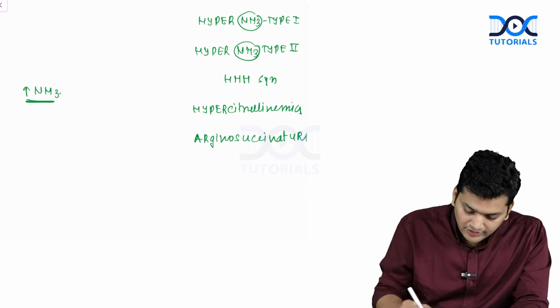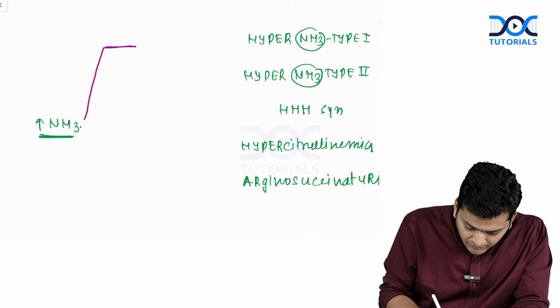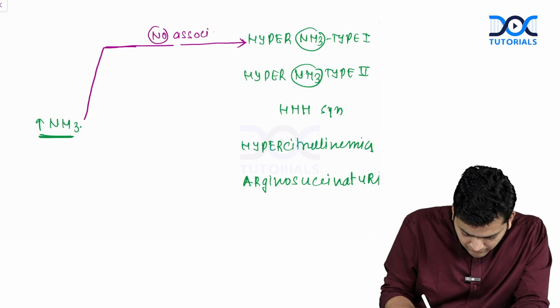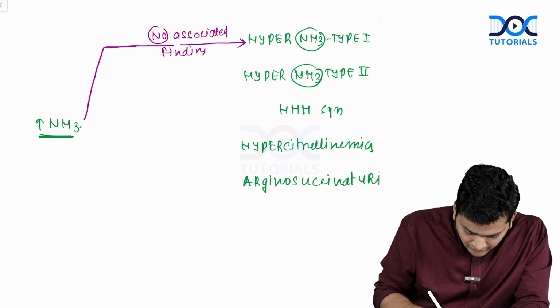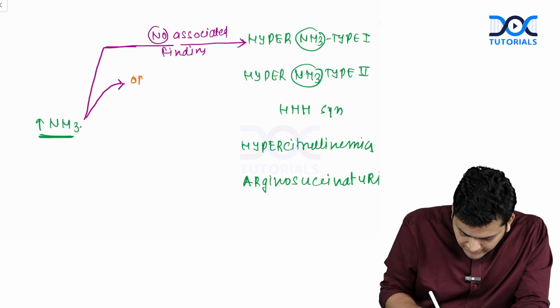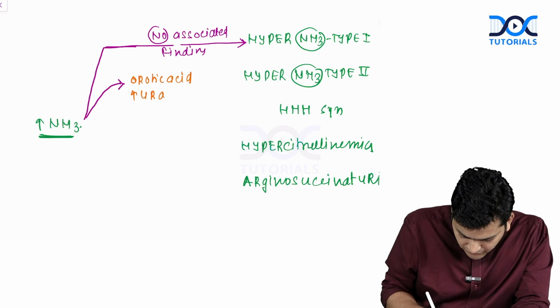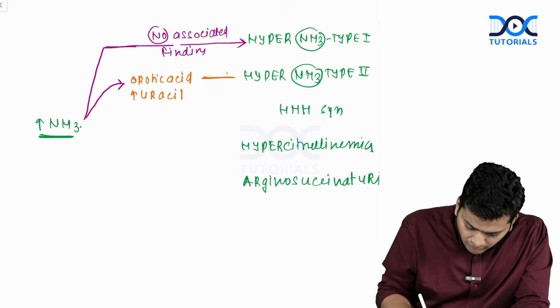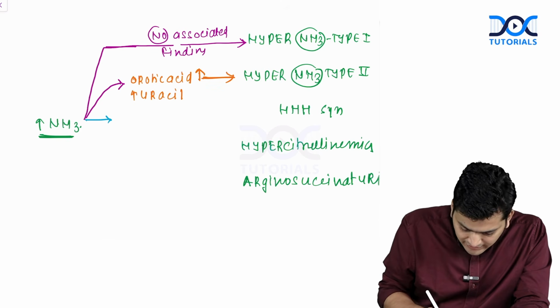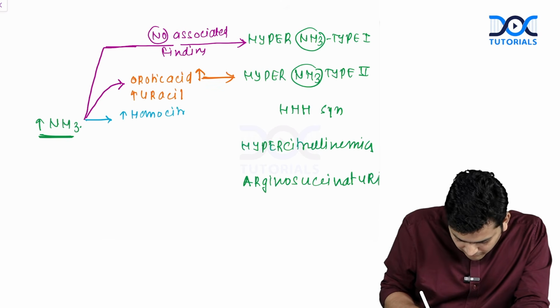Then how are we going to make the diagnosis? In type 1, there is no associated finding. In type 2, we are going to have increase in the orotic acid and increase in the uracil. If you see these words, they are talking about type 2. In the triple S syndrome, they will say increase in the homocitrulline or increase in the ornithine.